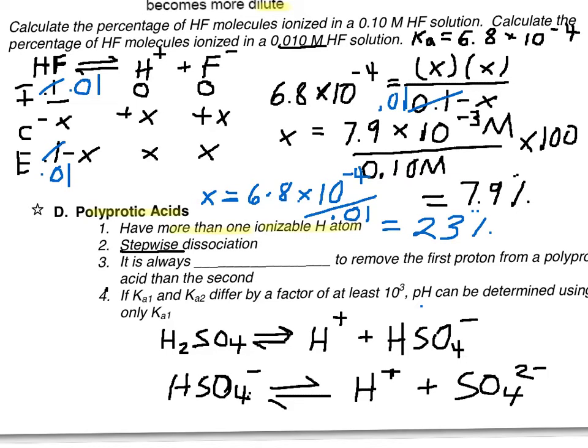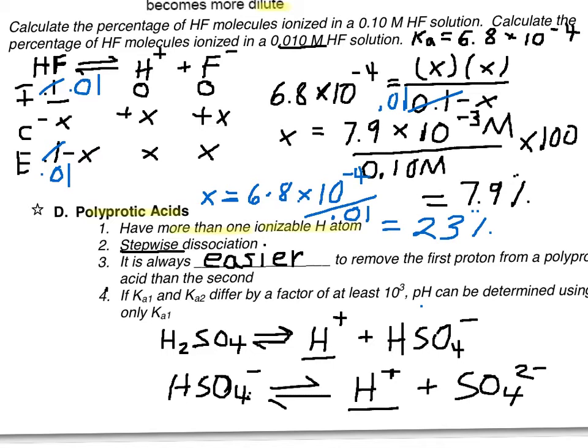Now, it's always a lot easier to remove the first hydrogen than it is to remove the second hydrogen. That's because whenever it loses its first hydrogen, it becomes an ion, and it's a lot harder to remove a positively charged particle from an ion, a negatively charged anion, than it is to remove it from a neutral substance.